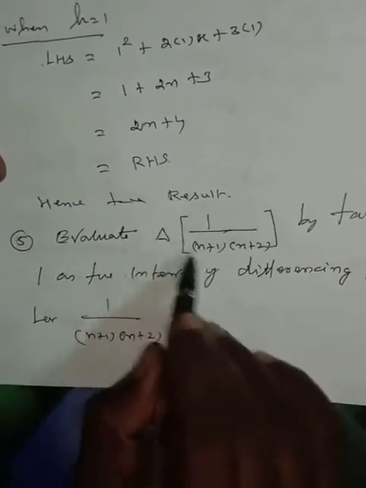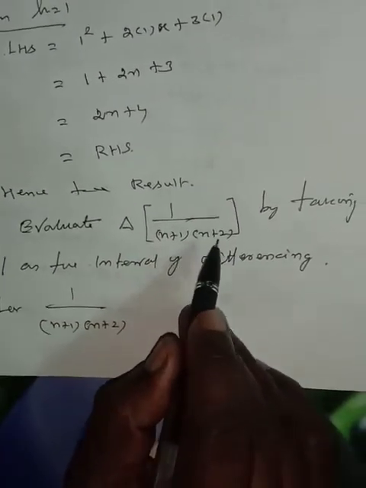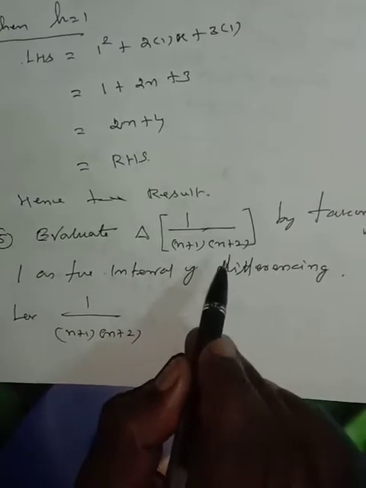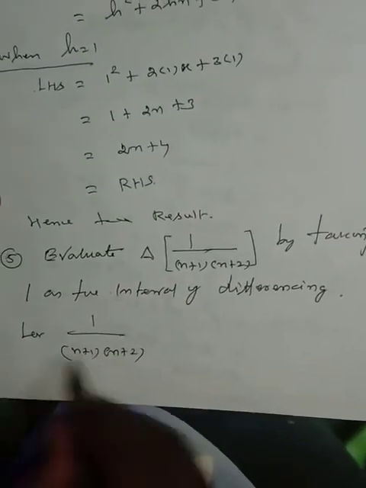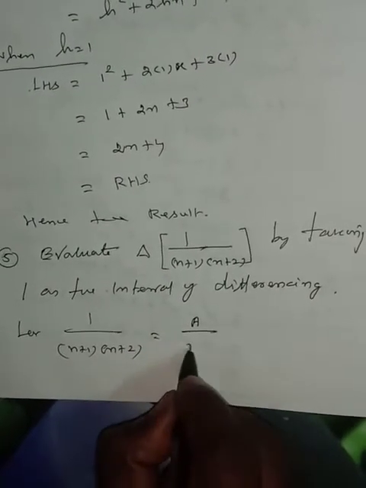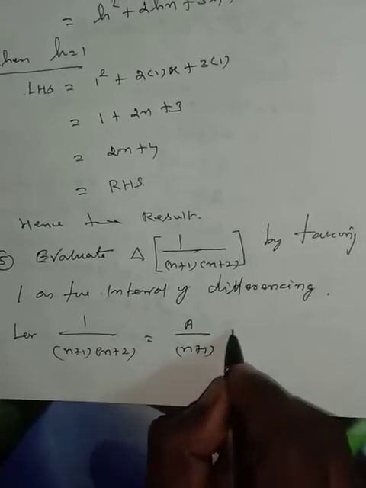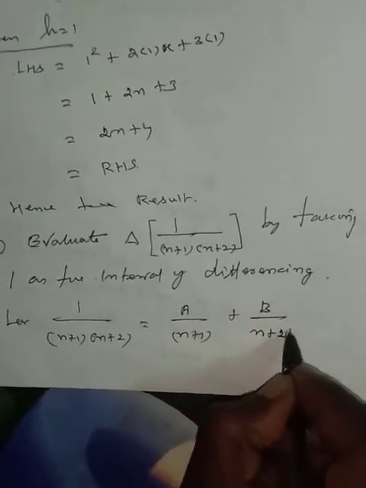First we have to take 1 by x plus 1 into x plus 2 is equal to a by x plus 1 plus b by x plus 2. Why? Using partial fractions.